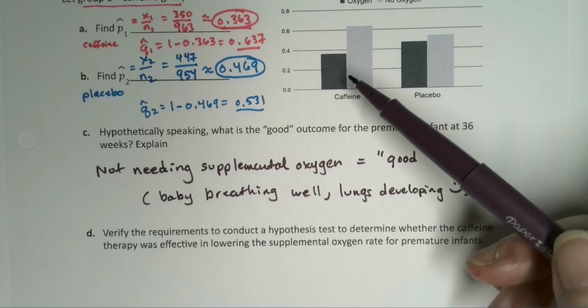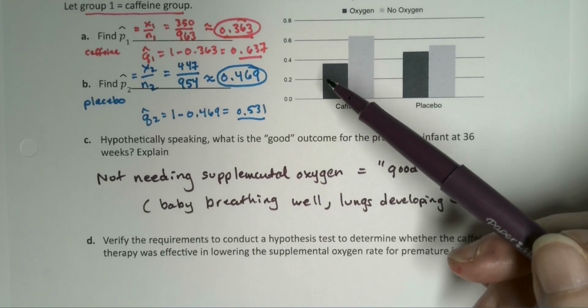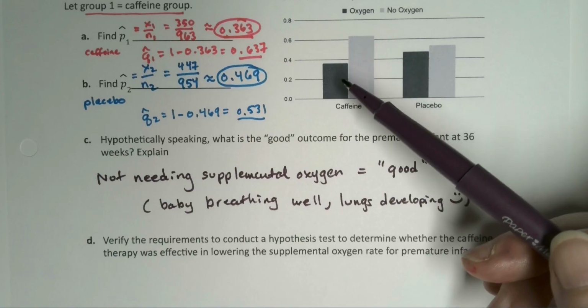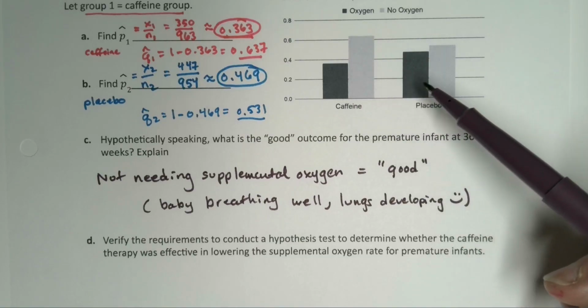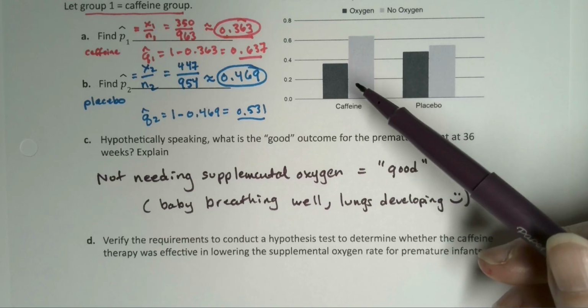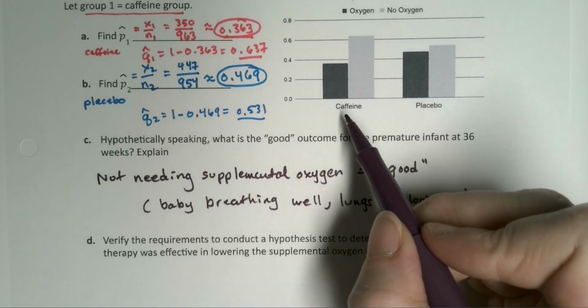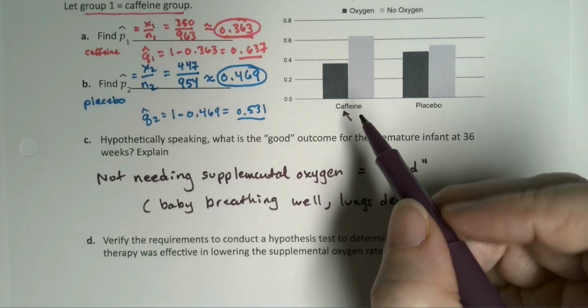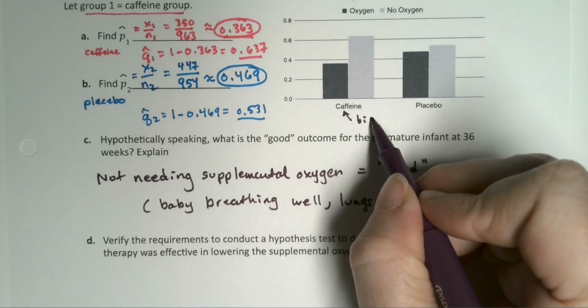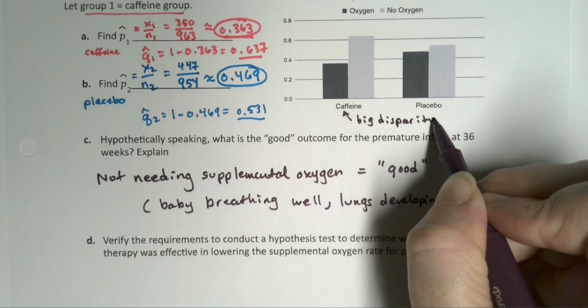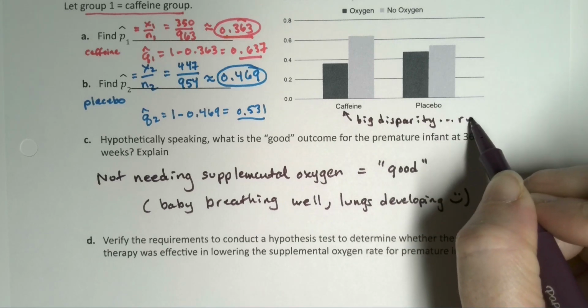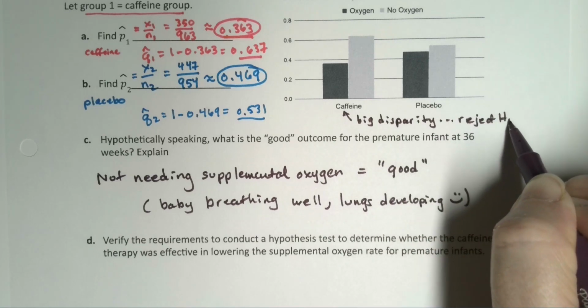You can see there's a large difference between the oxygen group and the no oxygen group for caffeine versus placebo. So I imagine when we run this test, because this has a big disparity, I bet that means that we are going to show that there is a difference, and then we're going to reject H naught. But of course, we have to prove it.